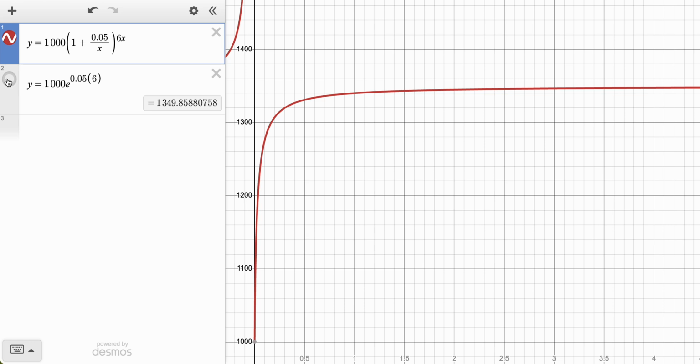If I include this graph in the visual, you can see how the original graph is just going to run alongside that horizontal line as an asymptote.